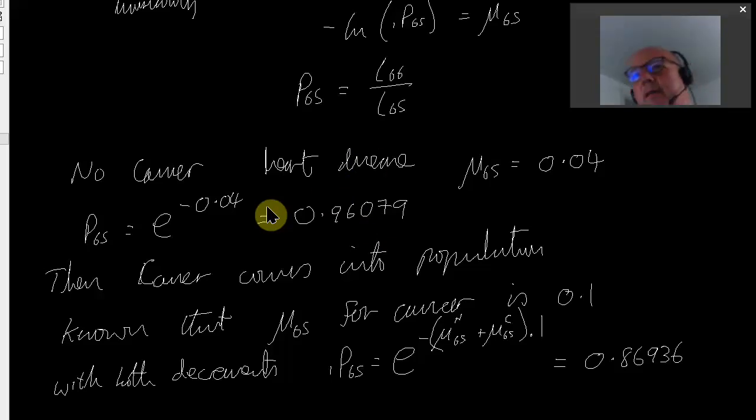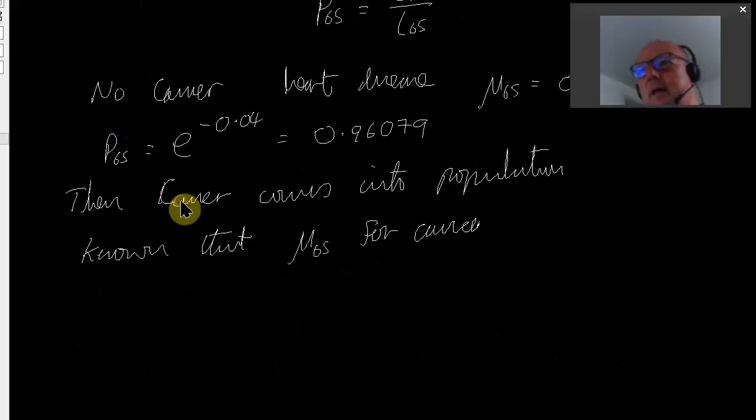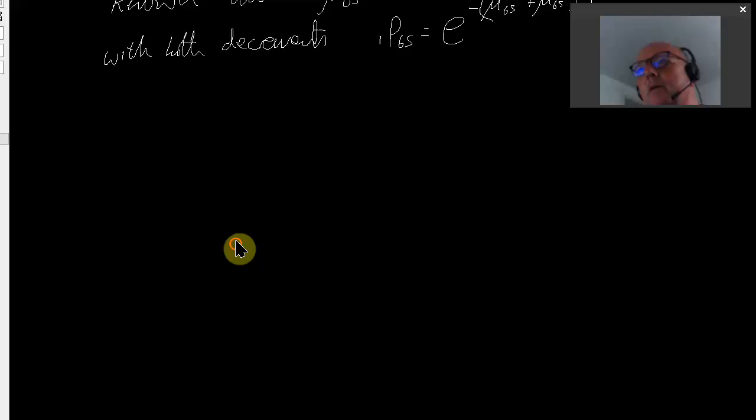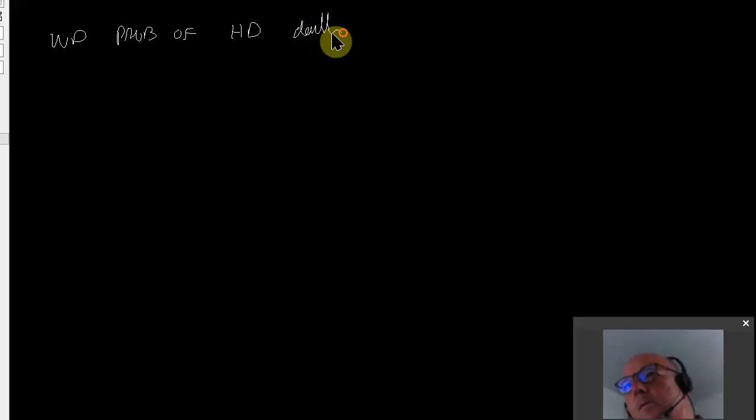To check that, let me do it with heart disease and cancer again, with slightly different numbers. So let's say the independent probability of heart disease death is 20%.